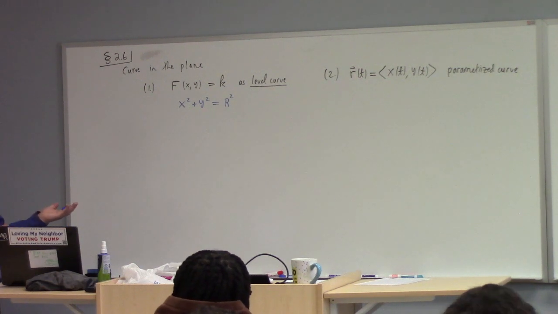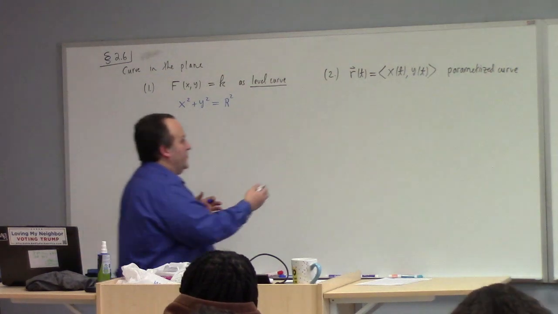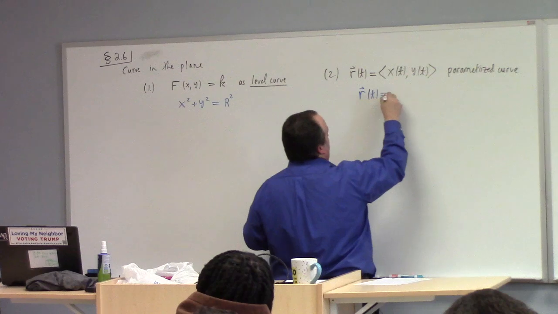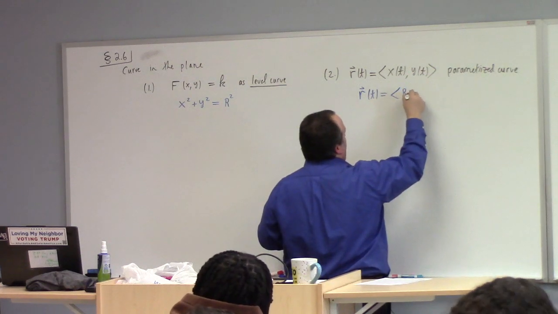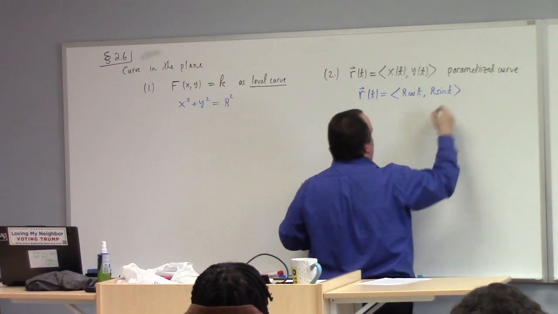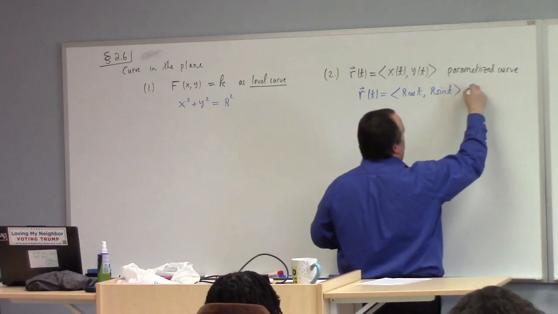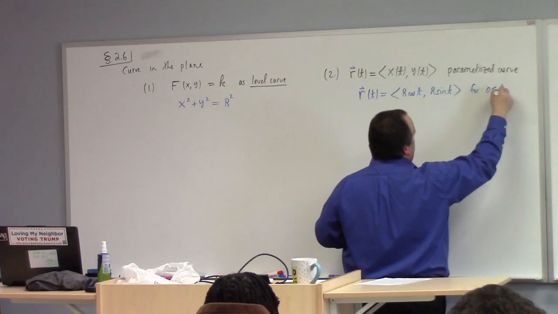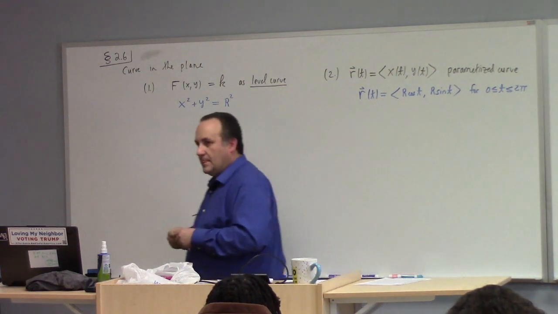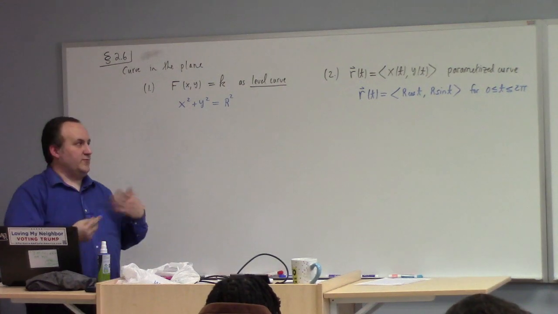That's a level curve. To parameterize that, one way you could do it would be to look at, say, r cosine t, r sine t. But here, of course, I have to say for what? For 0 less than or equal to t less than or equal to 2 pi. Right? So we could parameterize the circle.